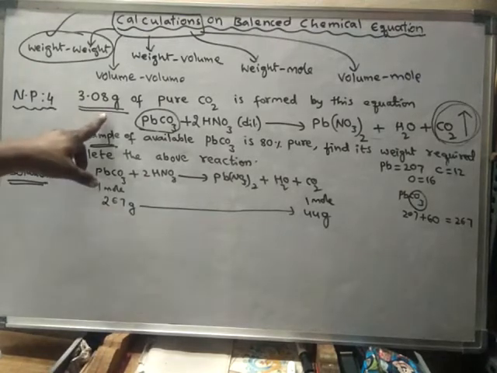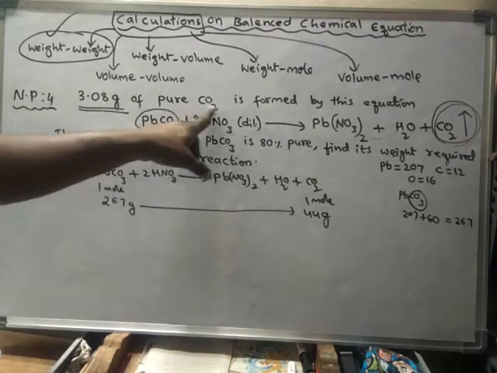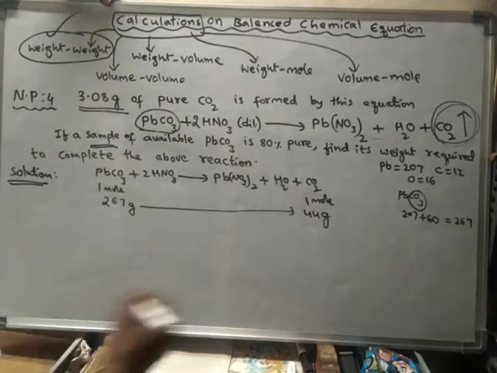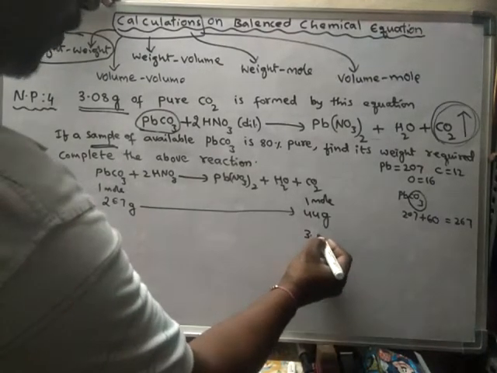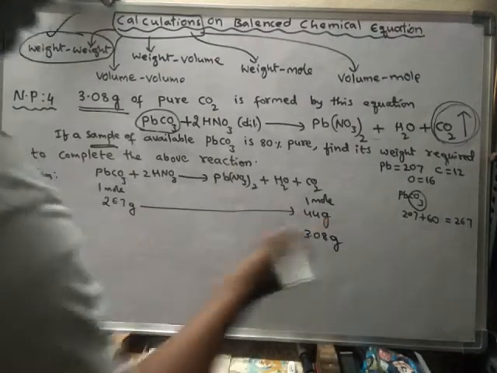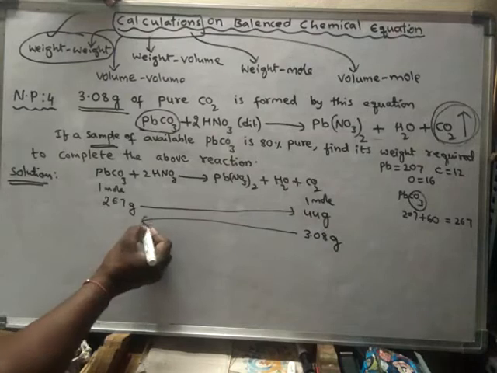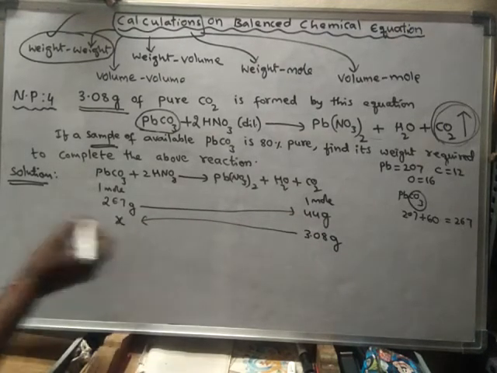But in the question, how much pure carbon dioxide is formed? 3.08 grams of pure carbon dioxide is formed. So for the formation of 3.08 grams of pure carbon dioxide, how much pure lead carbonate is necessary?